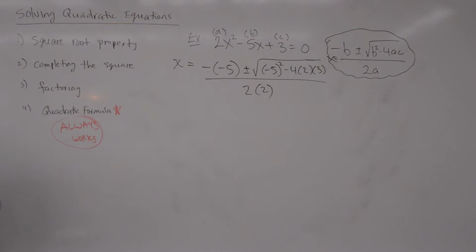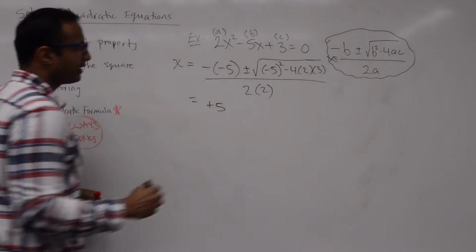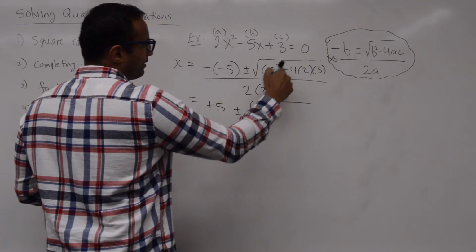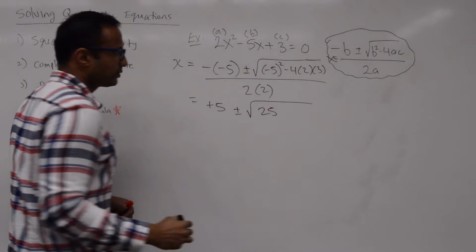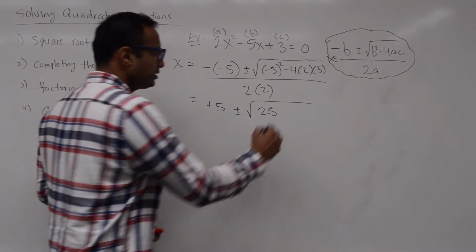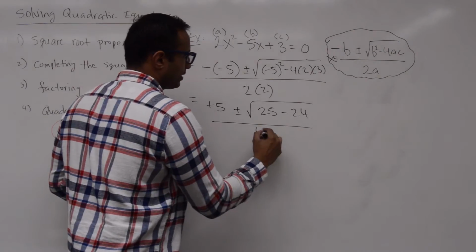Okay, let's simplify this. You have two negatives, this gives you a positive 5. Then you have plus or minus, negative 5 squared is positive 25. 4 times 2 is 8, 8 times 3 is 24. So that's going to give you minus 24, all over 2 times 2, which is 4.